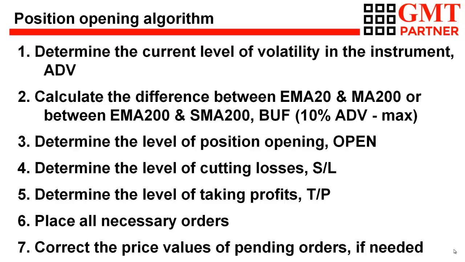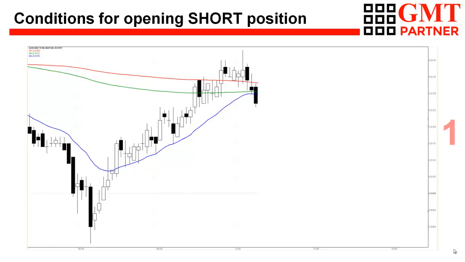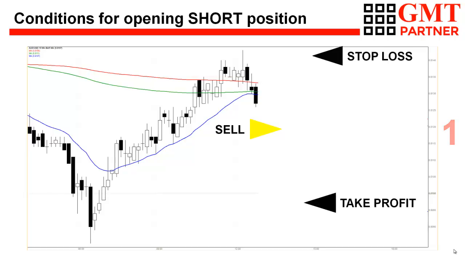Now let's see how the strategy works in action. The first slide shows where and when all pending orders should be placed. The second slide shows when the entry order is triggered and what happens next. As you can see, the OCO orders are activated simultaneously after the entry order is executed.